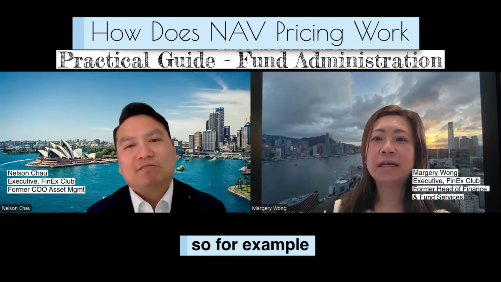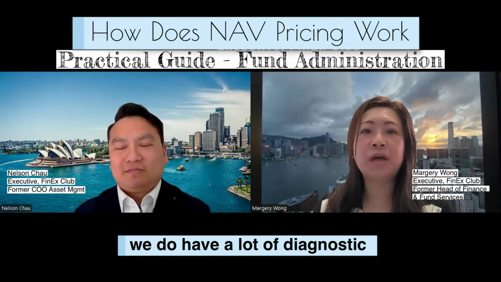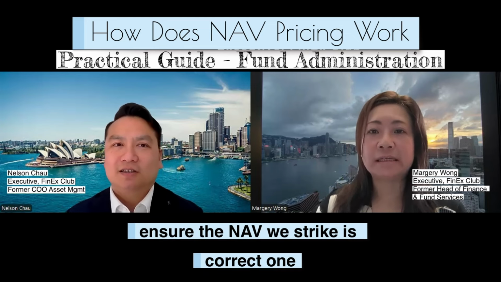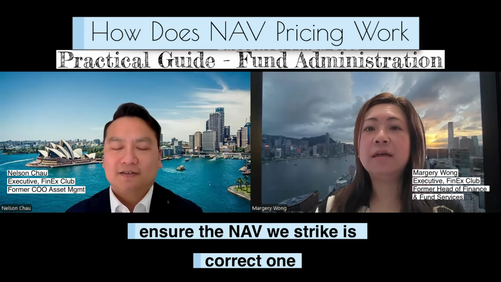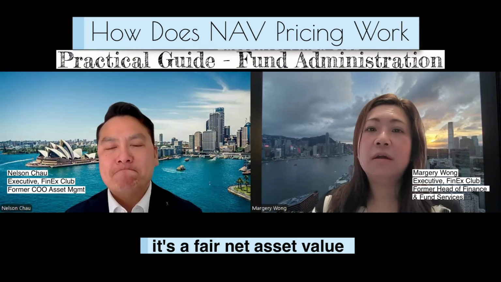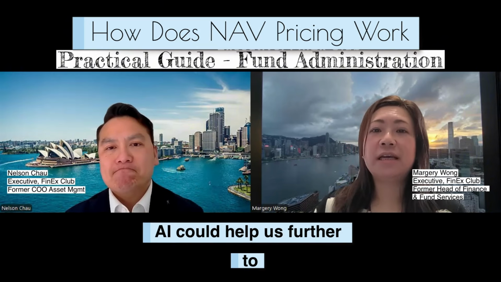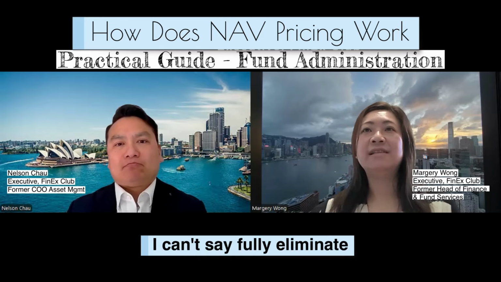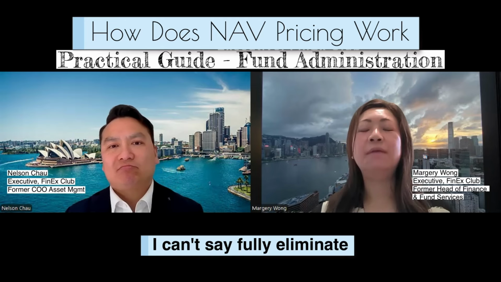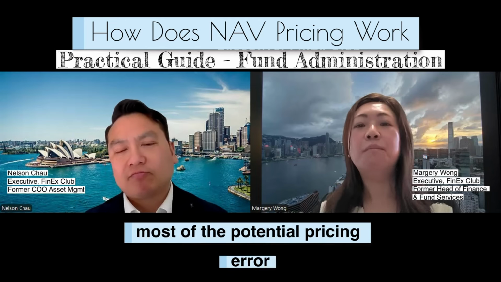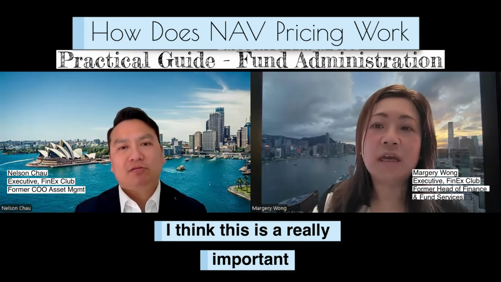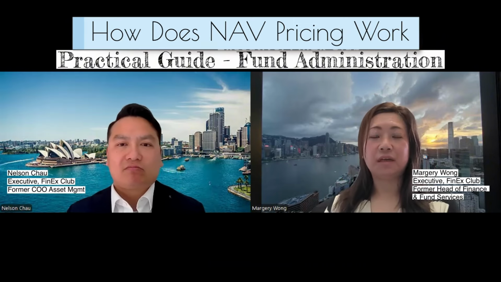For example, like I said, we do have a lot of diagnostic checks to ensure the NAV we strike is correct and is a fair value. The thing is, going forward, AI could help us further. I can't say fully eliminate, but help us prevent most of the potential pricing errors. I think this is really important, how we use a tool is important.